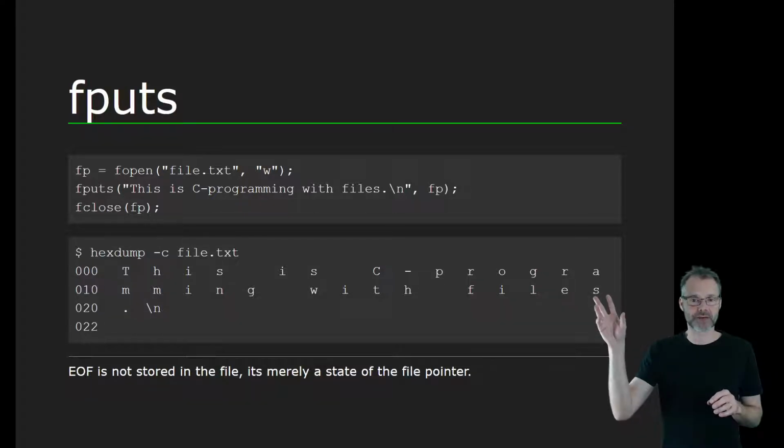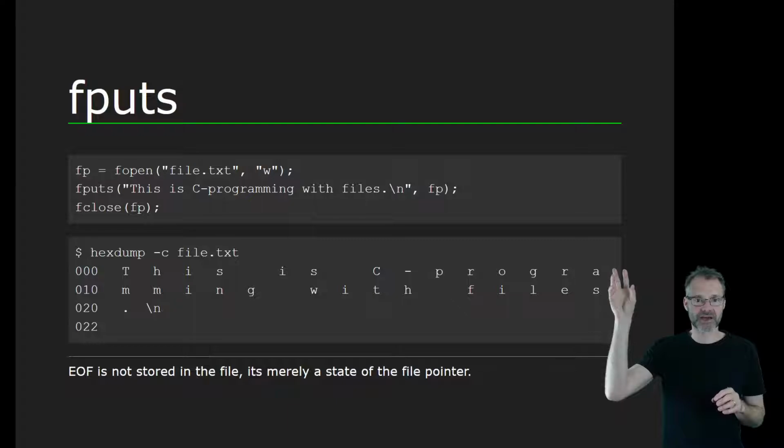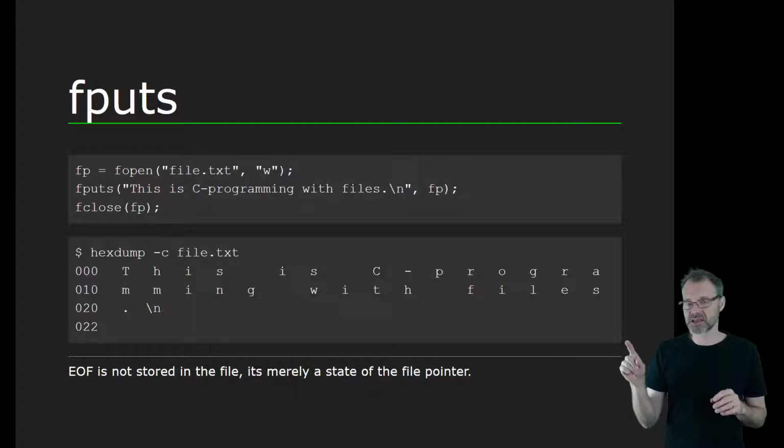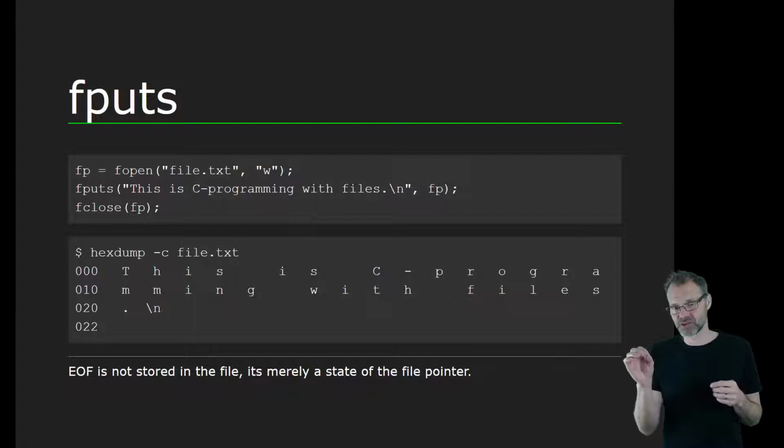So here's an example of it. I open the file for writing, and I'm writing with fputs "This is C programming with files\n" to a file, and then I'm using hexdump. Hexdump is a good utility when we work with files, because I can see each position in the file and what it contains, even if it's not a printable character.